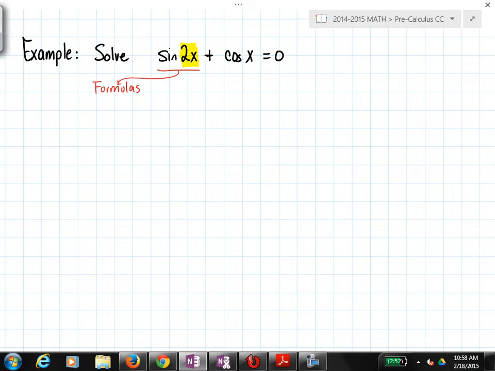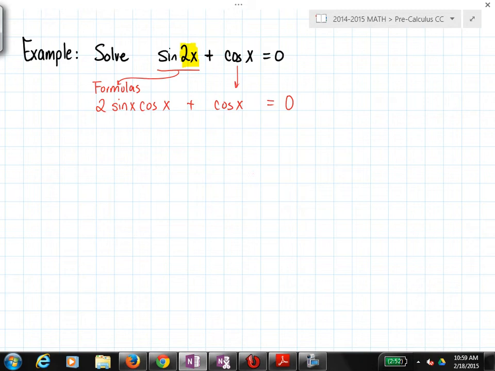So sine of 2x, I'm going to rewrite as 2 sine of x, not theta, because that's the variable they're using, cosine of x, plus cosine of x, that's this one, and then equals 0.